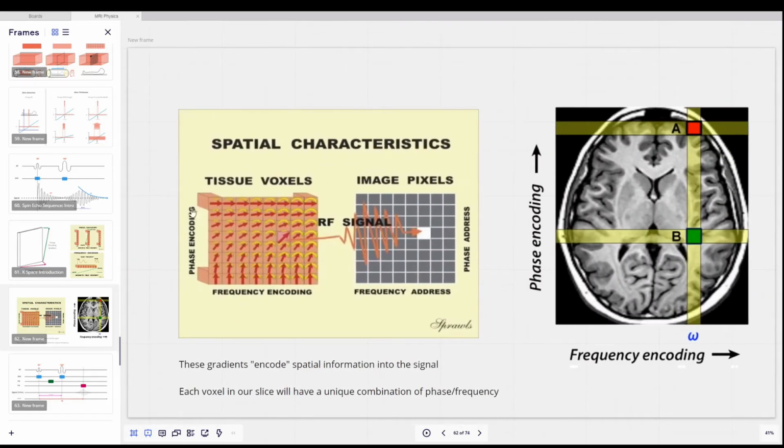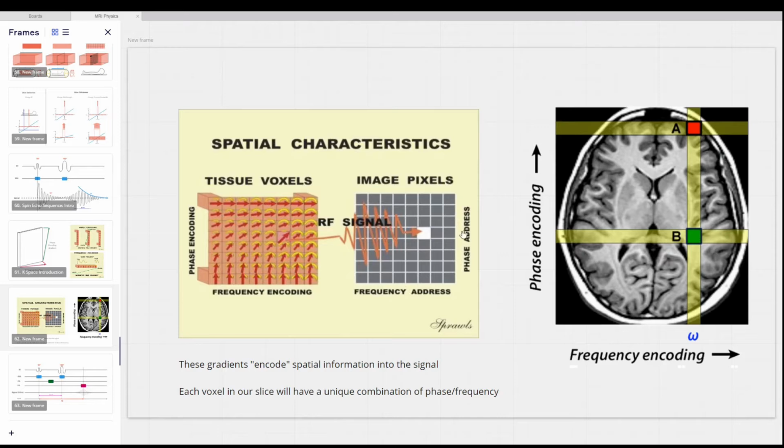And so you can imagine it looks something like this, okay? Where you have phase encoding along one side, and you have frequency encoding along the other. And if you apply both of these gradients, you can imagine that all of the little voxels in your slice are going to have a unique combination of phase and frequency, right?